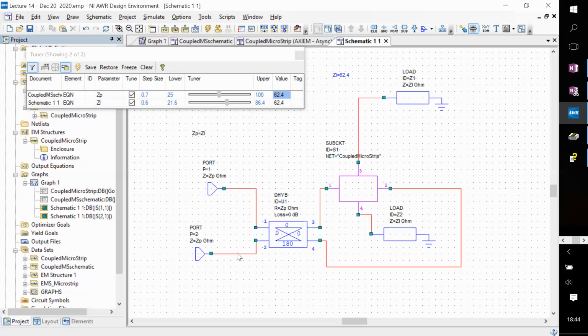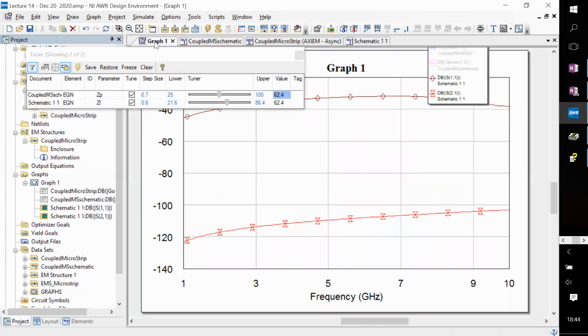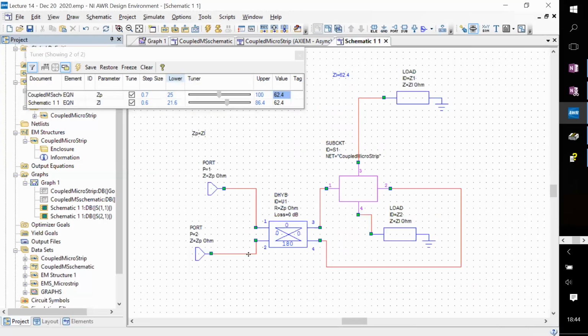So if that is true, I can disconnect port 2 if I'm only measuring port 1, and it will not make any difference to the reflection coefficient here. Let me freeze this so that we have the reference. Remember, this is transmission into port 2, which is some very low value. I'm going to disconnect this here because I'm not expecting any power to come out of here, so it shouldn't matter what's connected.